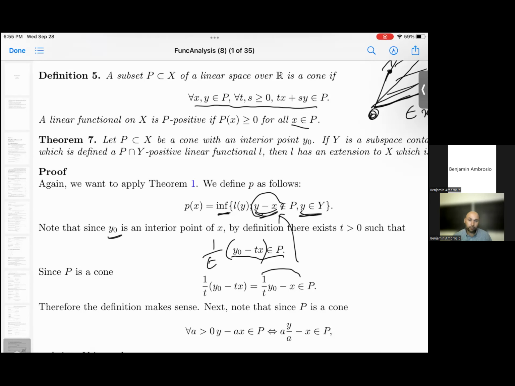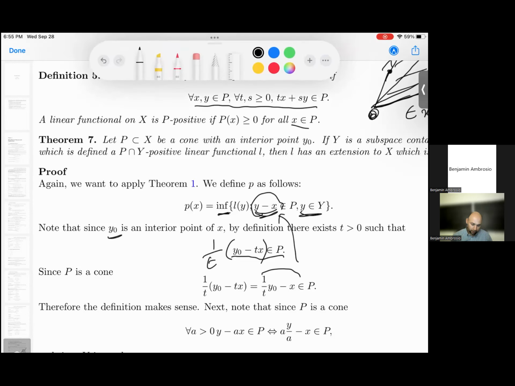Okay, so next, P is a cone. Okay, some parentheses are missing here. So if y minus ax belongs to P, then you can multiply that by the positive a, and it will also belong to P. And conversely, if the right hand side is true, also the left hand side is.